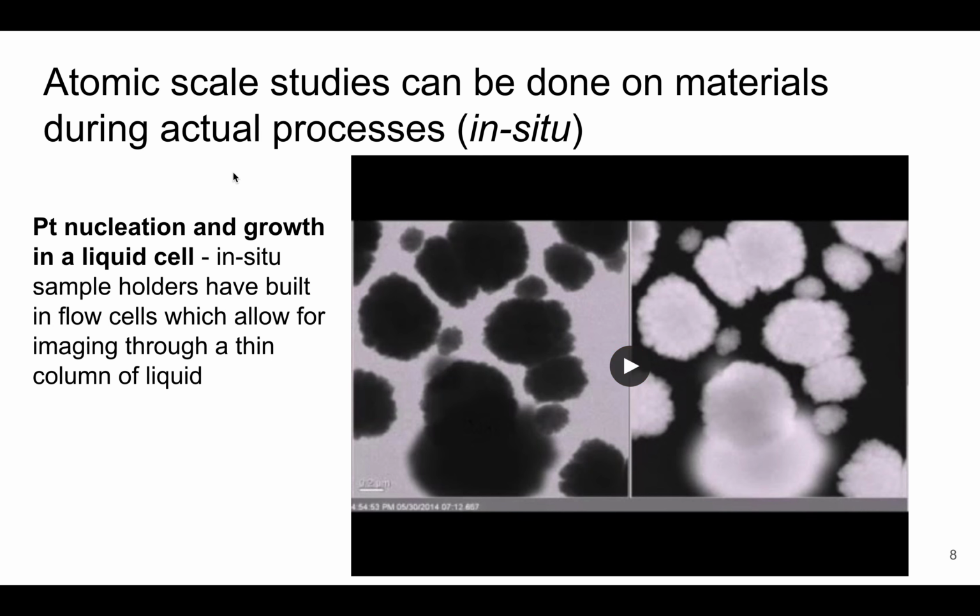All right. Again, this is one that I actually have a paper on, and this is the same in situ principle in a liquid cell again. So we have a wide array of things we can do. This is a liquid containing platinum salt. The exposure to the actual electron beam reduces that salt into platinum particles, and you see their nucleation, and you also see their growth within this cell.